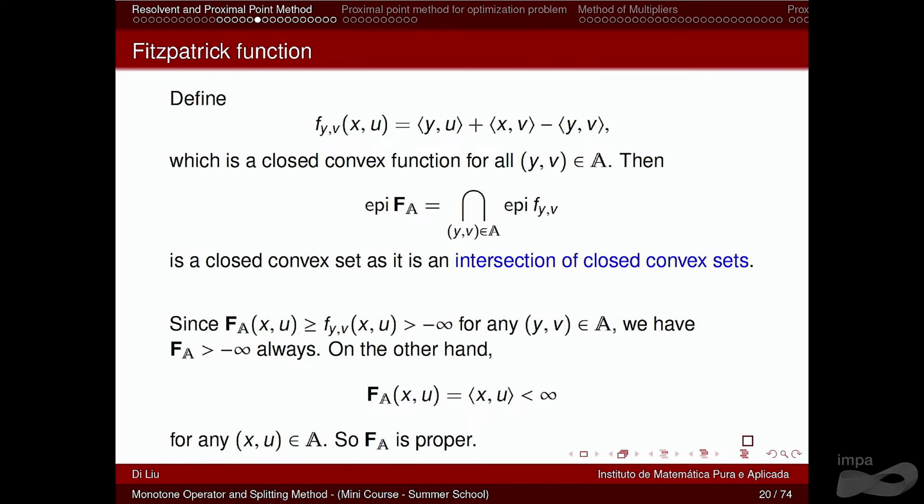So we say the epigraph of the capital Fa is closed and convex, since it's an intersection of closed and convex sets. Okay, so we say that f is closed and convex function.